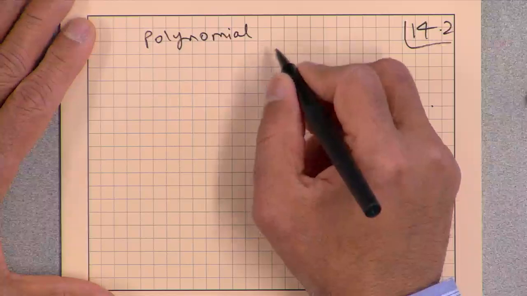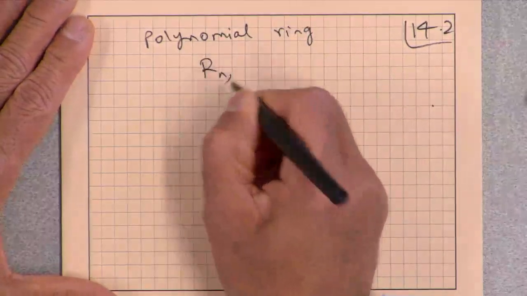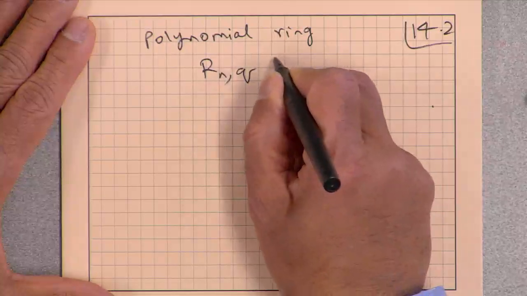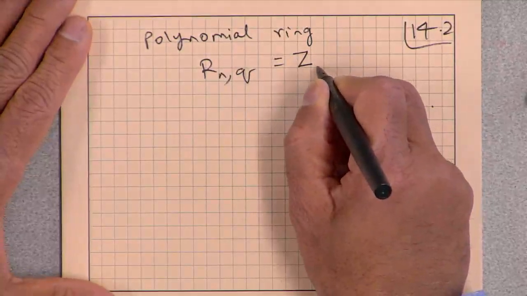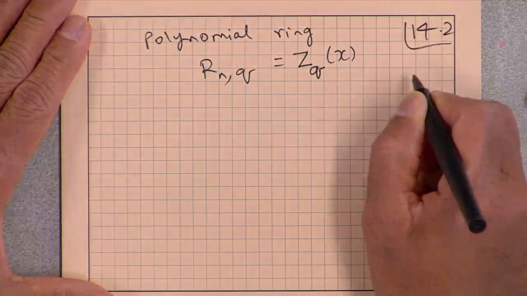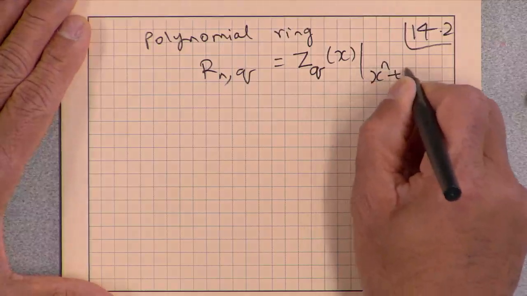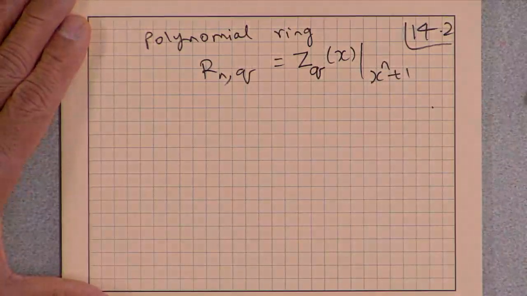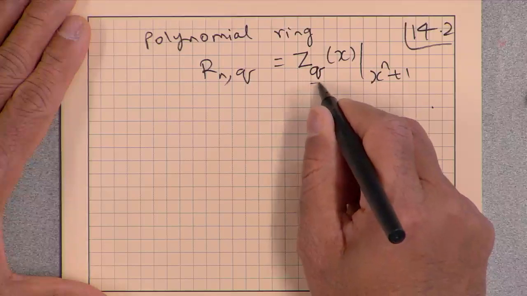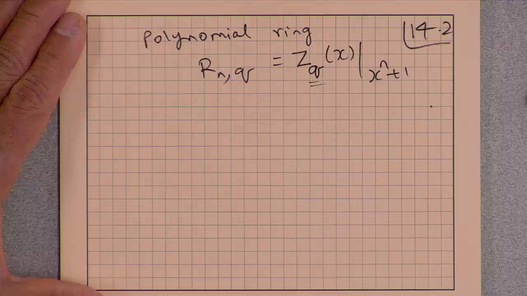So if we consider the polynomial ring R_q, which is a ring whose coefficients are all integers, that is Z_q of x, such that the polynomial will always be evaluated modulo x to the power n plus 1. All the numbers will be evaluated modulo q.